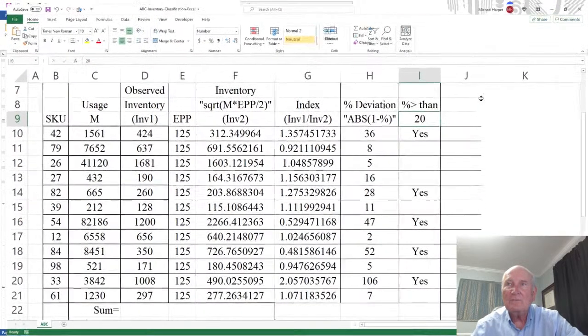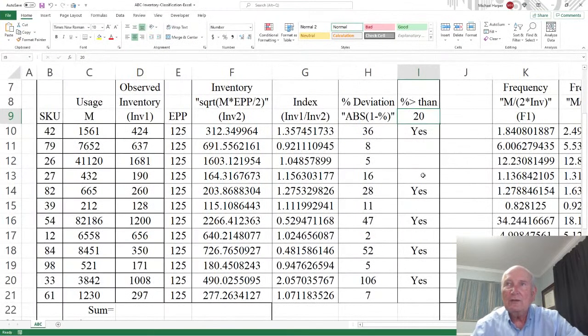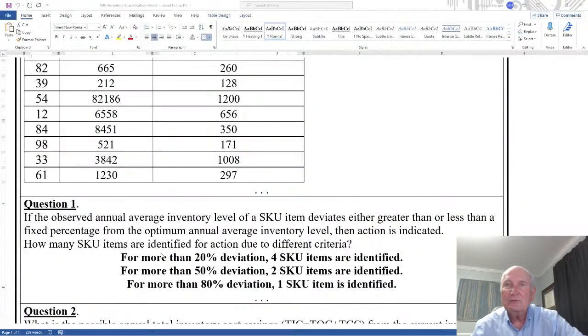Oops, see, that's wrong. 10%, there's 1, 2, 3, 4, 5, 6, 7. 20%, there's 1, 2, 3, 4, 5. So 20%, there's 5. See, this is wrong. Need to change that. 50% should only be 2.